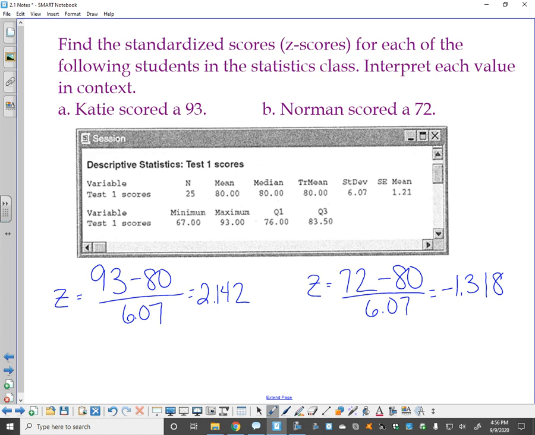Notice when I talked about Norman, I didn't say his z-score was negative. I refer to it as a distance, but then I use the word below. Norman is 1.318 standard deviations below the mean.